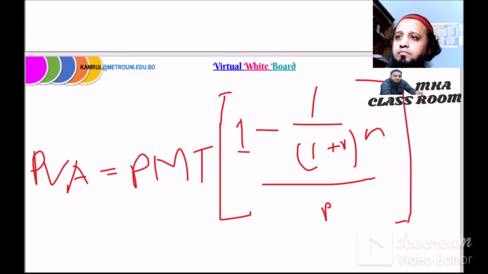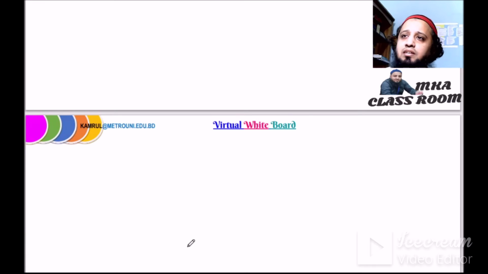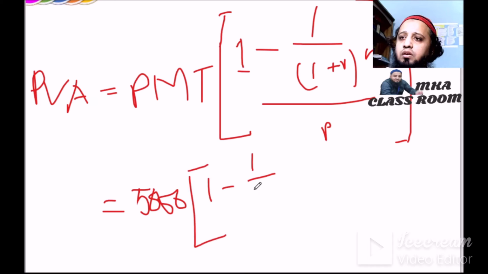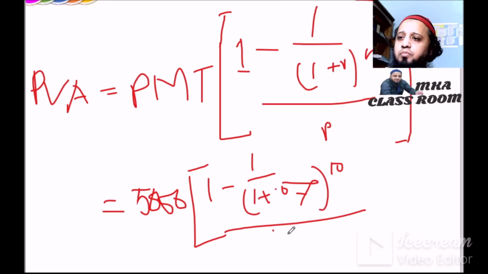It is given in your materials, the Essentials of Managerial Finance by Besley and Brigham, which has very nice material. So, we can try to solve this problem: 5,000 into 1 minus 1 by 1.07 power 10, divided by 0.07.